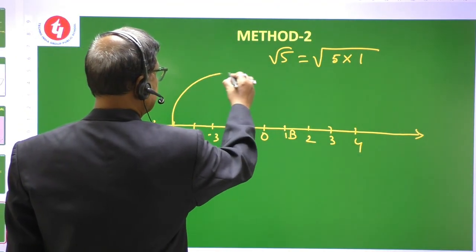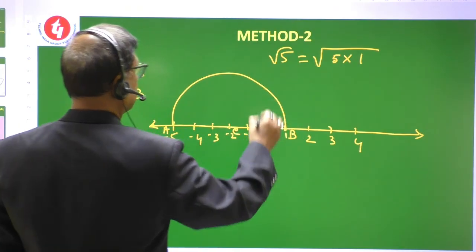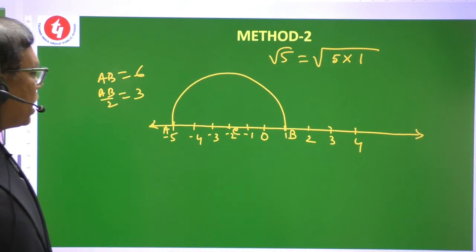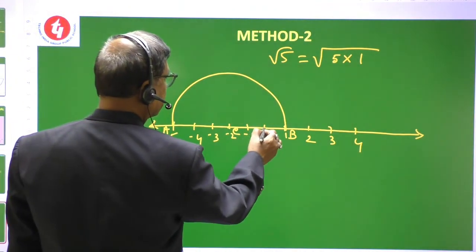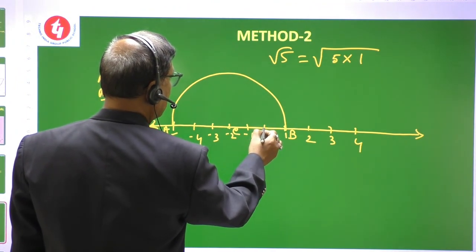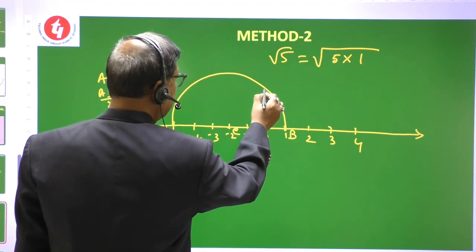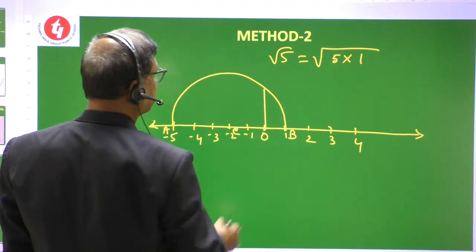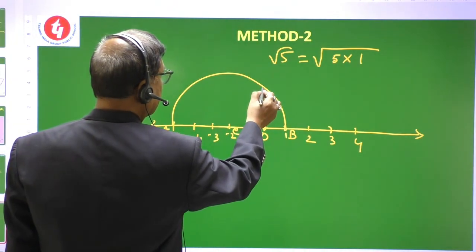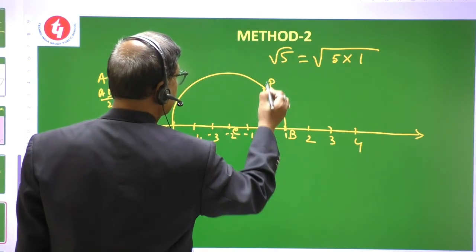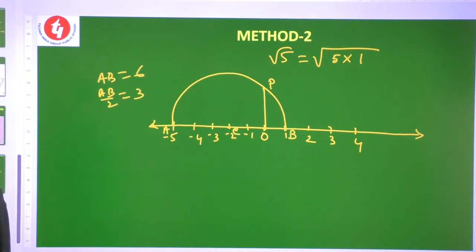it will be like this. Yes. Now at origin we'll draw a perpendicular line which will meet the semicircular arc at a point, say point P. Yes.